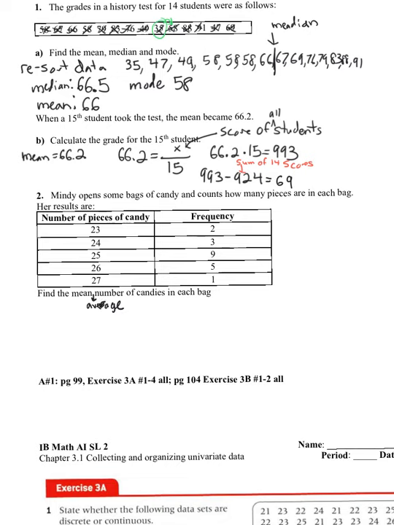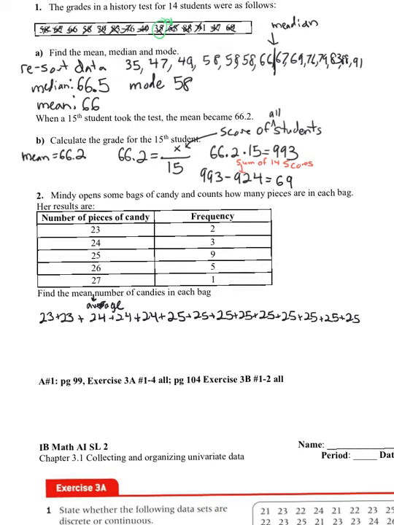So what we're going to want to do is find the mean of the candies here. If I were to list this data set out, there are 2 23s, 3 24s, 9 25s, 5 26s.